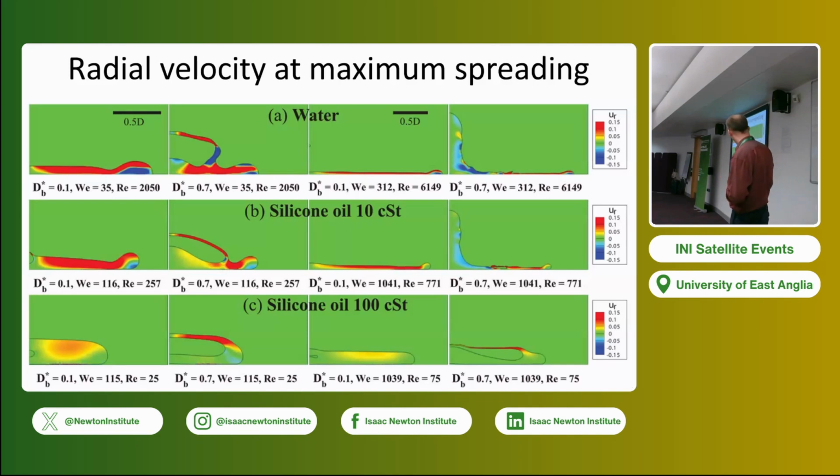And we can see that when you increase the impact velocity, you have the formation of the jet that has a converging velocity. And we can use this measurement of the volume that has a positive radial velocity to characterize the volume that is contributing to the maximum spreading of the drop.